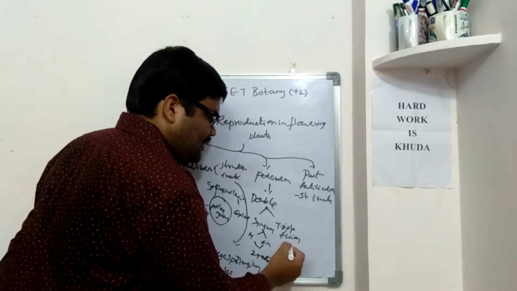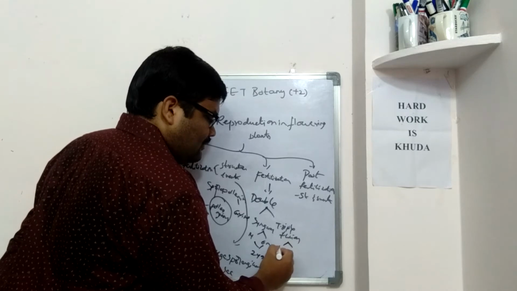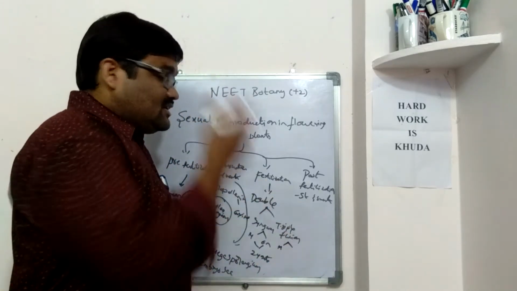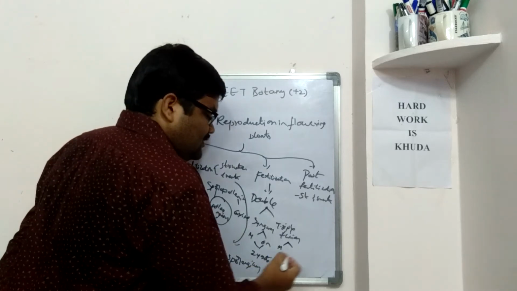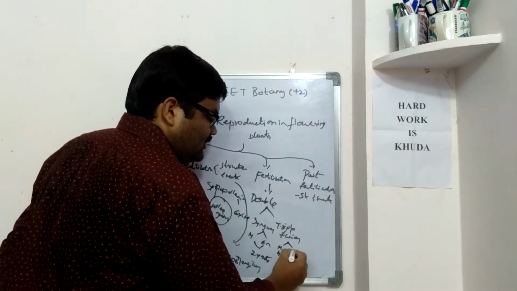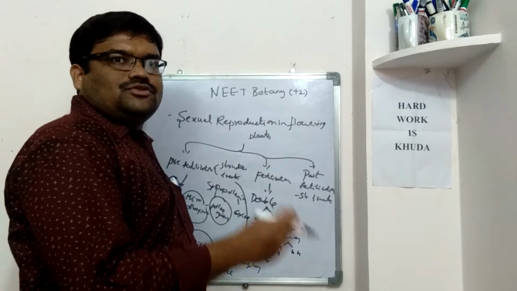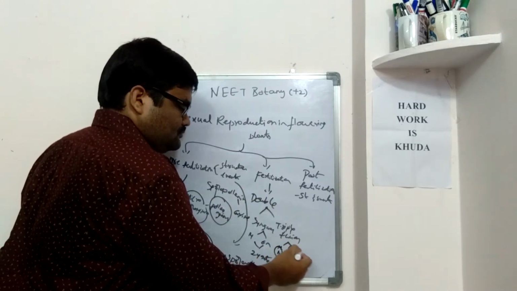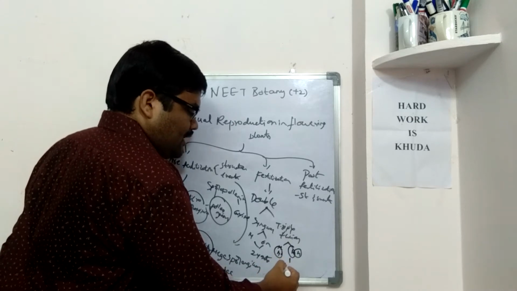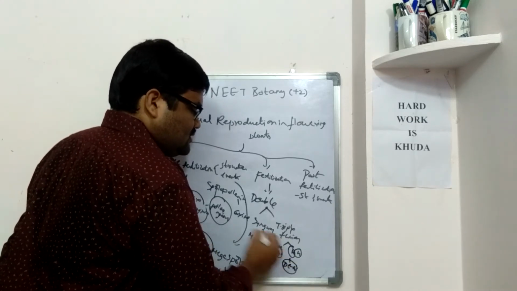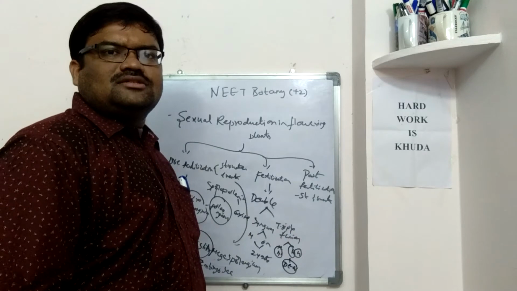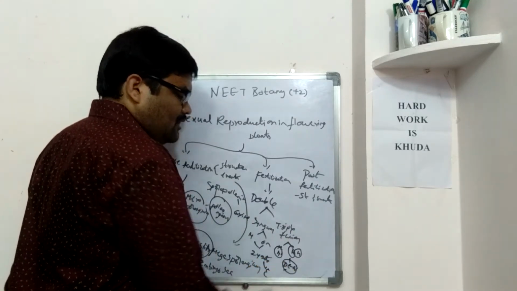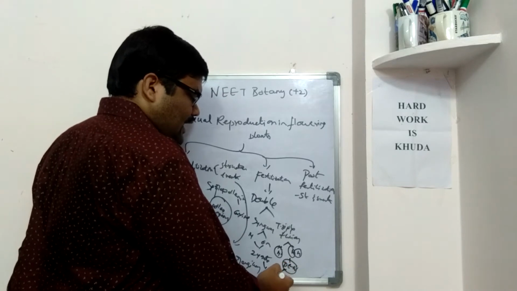Another male gamete combines with the polar nuclei in the central cell. One male gamete is haploid and there are two polar nuclei, that means two nuclei in the central cell, so that is triple fusion. It leads to primary endosperm nucleus. Since two fertilizations are involved here, it is known as double fertilization. Zygote leads to embryo and primary endosperm nucleus leads to endosperm.